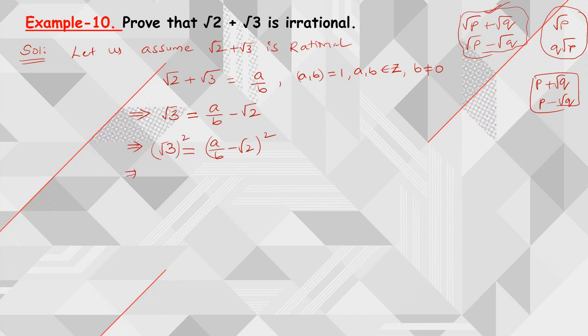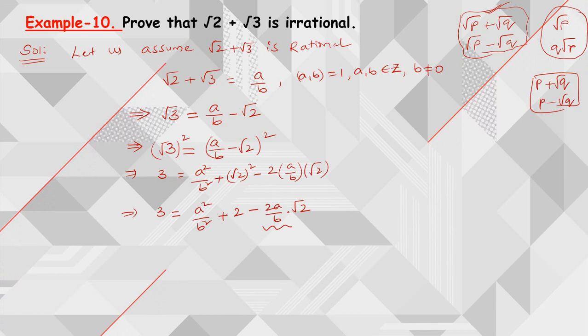On simplification, this gives me 3 is equal to a square by b square plus root 2 whole square minus 2 into a by b into root 2. Now on simplification, 3 is equal to a square by b square plus 2 minus 2a by b into root 2.